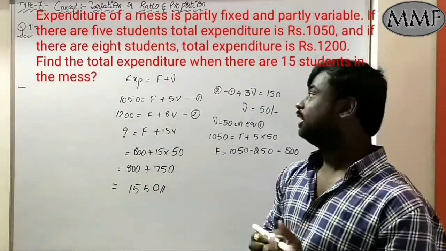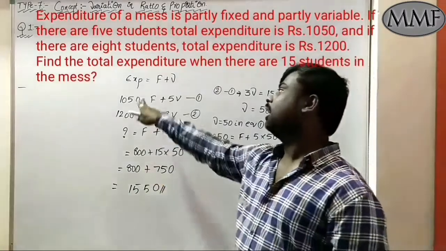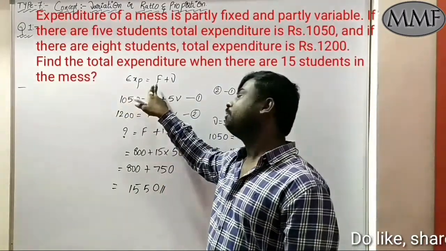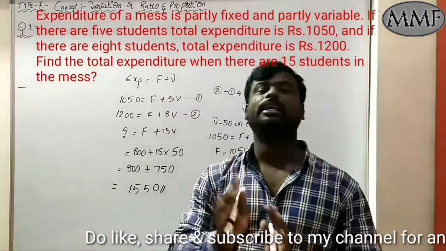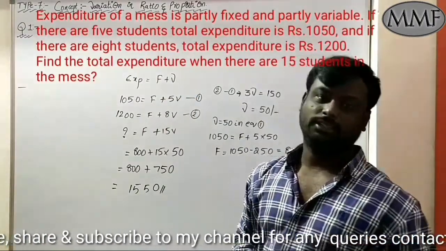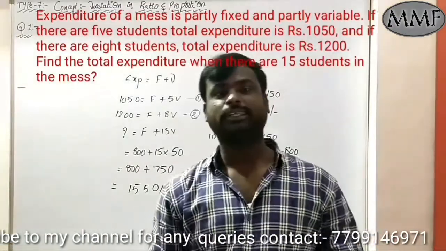So like this, here the only thing is that the expenditure is partially fixed, partially variable. This is a question based on direct proportion. Clear? Right. Now we'll see one more question, same as this.